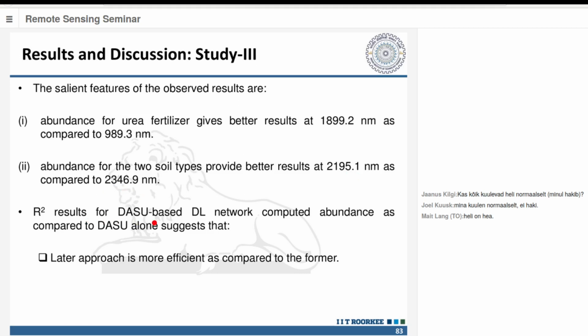And R square results for DASU-based deep learning network computed abundances as compared to the DASU alone suggest that the latter approach is more efficient than the former. So DASU-based deep learning network results have higher accuracy as compared to the DASU alone results.